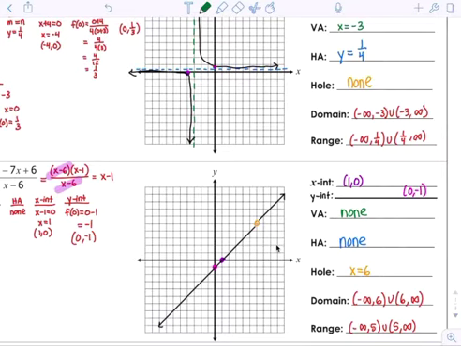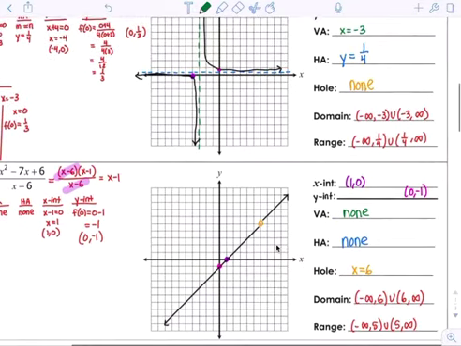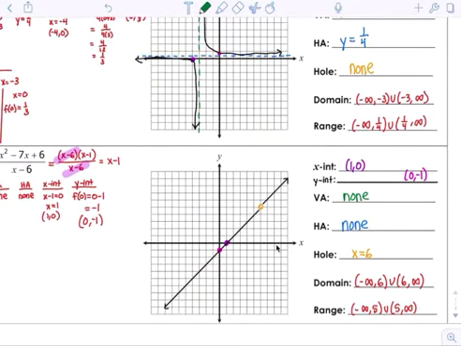Now, if you want the specific coordinates, we'll talk about domain. So domain, remember, you use a vertical asymptote and your hole for your domain. We don't have a vertical asymptote, but we have a hole. So negative infinity to 6, union 6 to infinity.